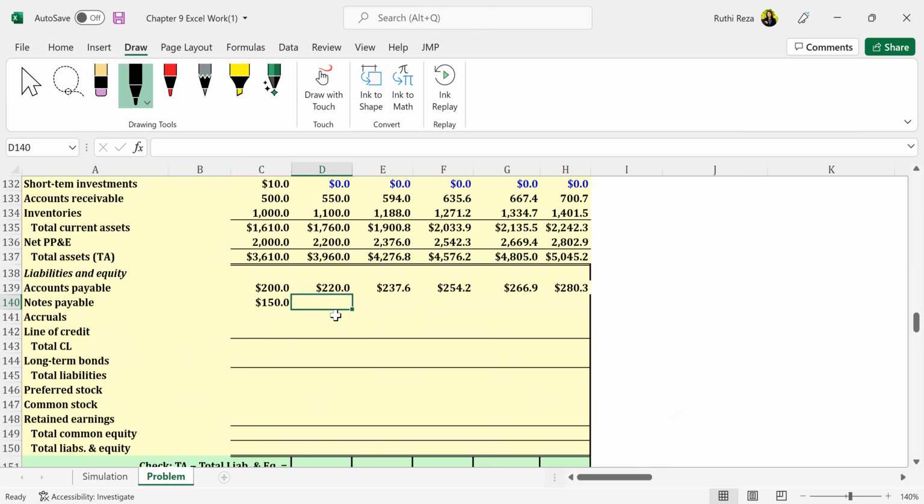Now, we are going to assume that company will continue with the current value in its capital structure. That means the company will not add anything to its debt accounts and then common stock and preferred stock. So these values will remain the same in the forecasted years.